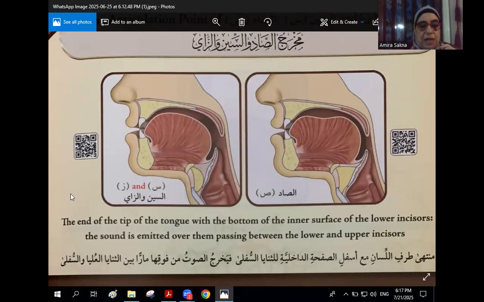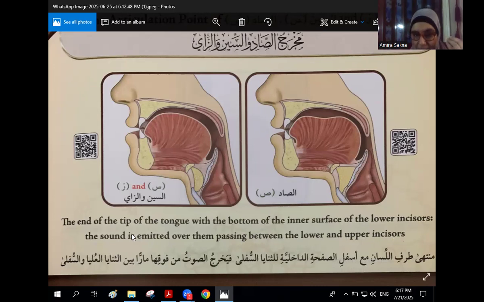They are pronounced from the end of the tip of the tongue with the bottom of the inner surface of the lower incisor. This is the articulation point. Note that the sound is emitted over them, passing between the lower and the upper incisor.